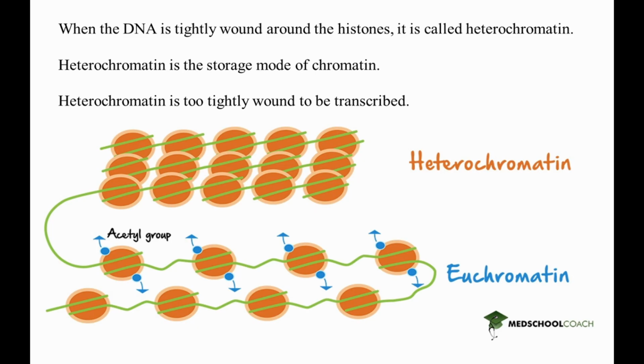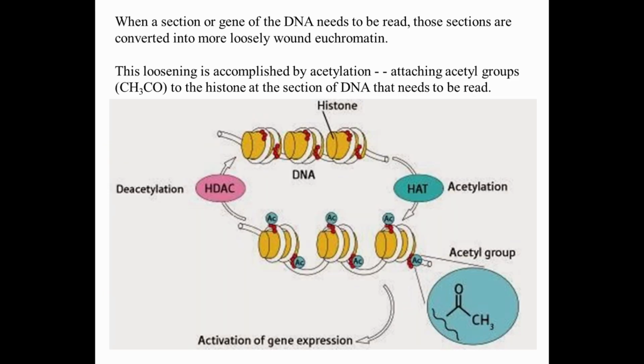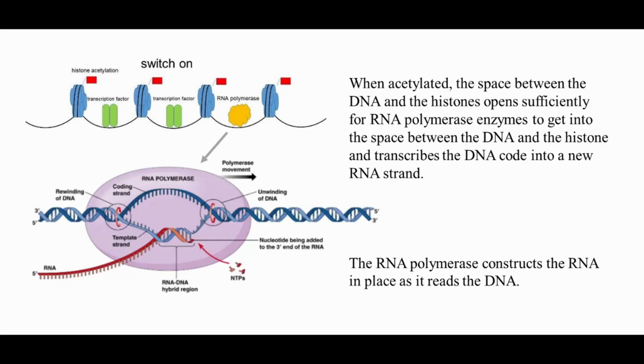When a section or gene of the DNA needs to be read, those sections are converted into more loosely wound euchromatin. This loosening is accomplished by acetylation, attaching acetyl groups, CH3CO, to the histone at the section of DNA that needs to be read. When acetylated, the space between the DNA and the histones opens sufficiently for RNA polymerase enzymes to get into the space between the DNA and the histone, and transcribe the DNA code into a new RNA strand.